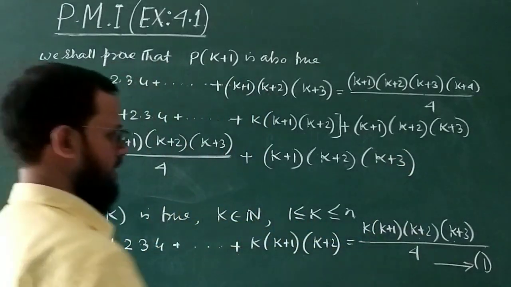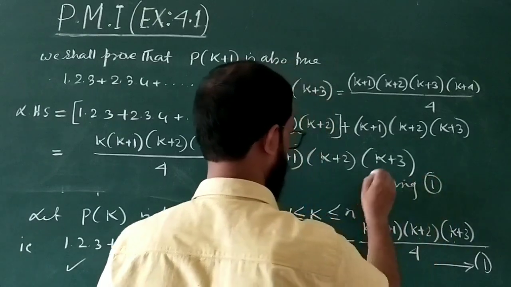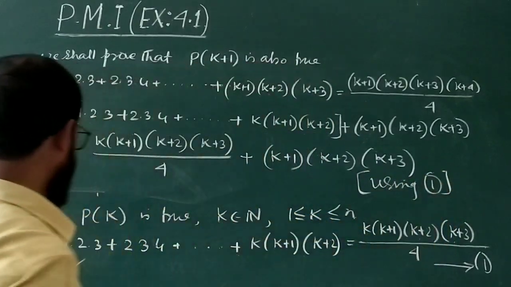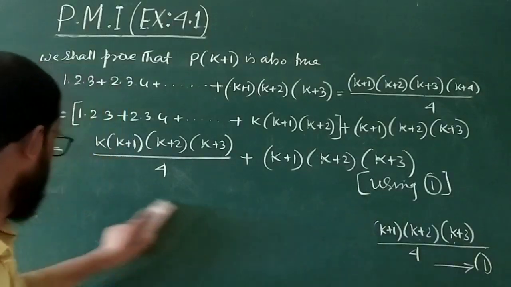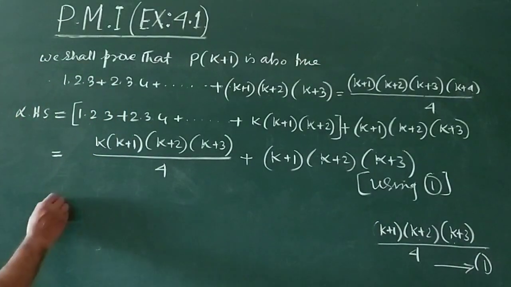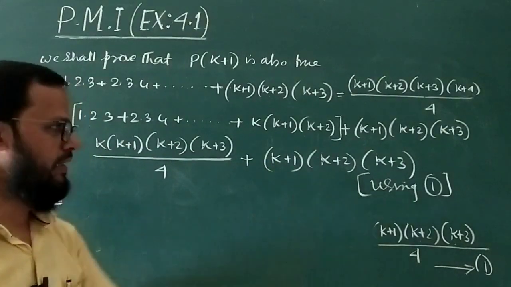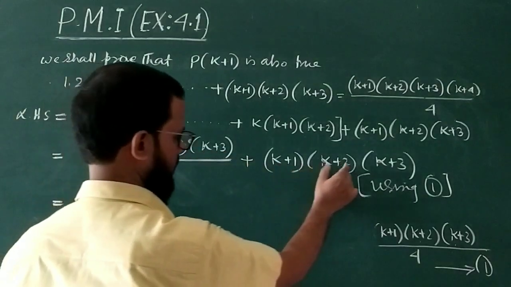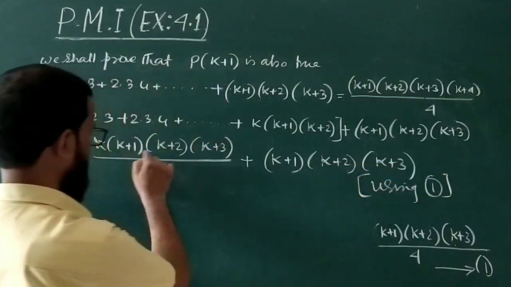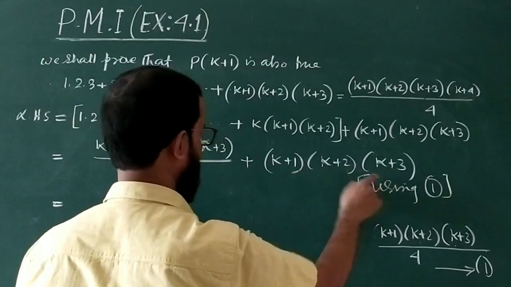Okay, so you write here using the relation 1. Now from these two relations, from these two terms, you observe that k plus 1, k plus 2, k plus 3, k plus 1 into k plus 2 into k plus 3, and this term are the same.